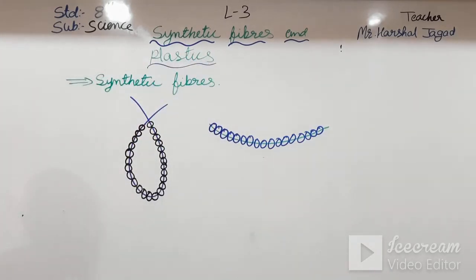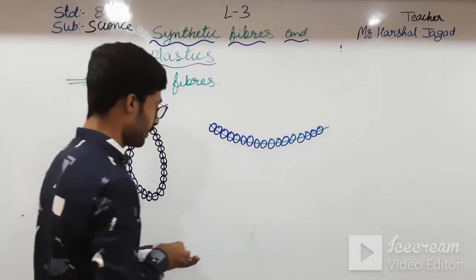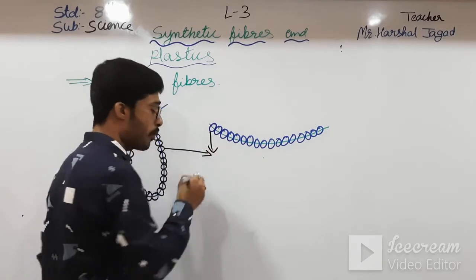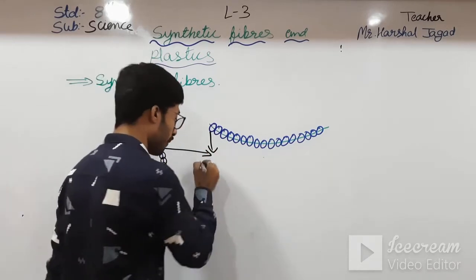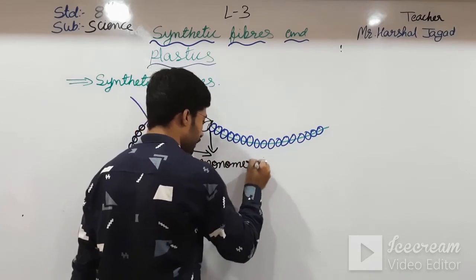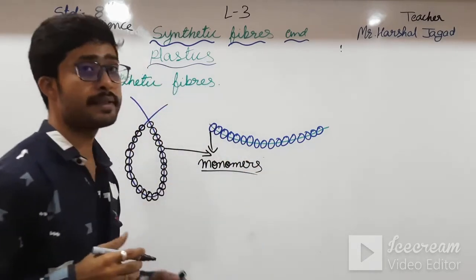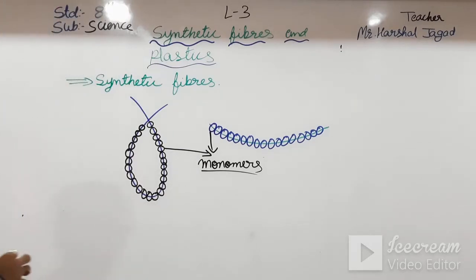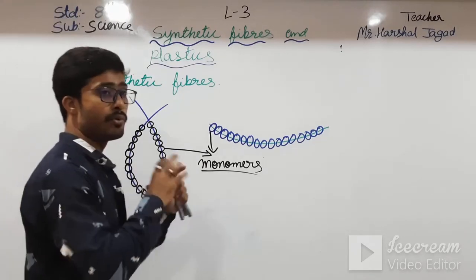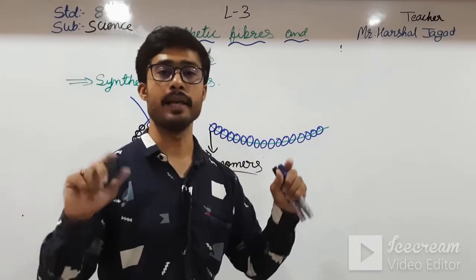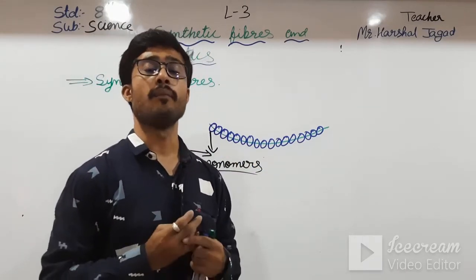What is polymerization? This one bead is a monomer, and by combining many units of monomers, these fabrics are made, and this is known as polymerization.